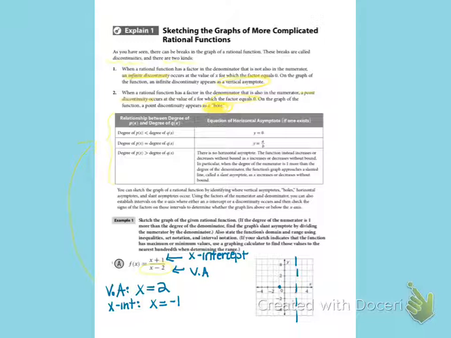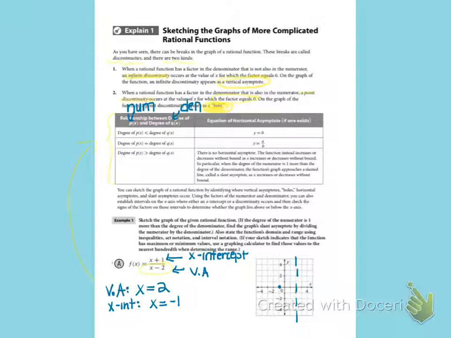When we look at this table, we have to have a little context. When they say p of x, they actually mean the numerator, and q of x means the denominator.